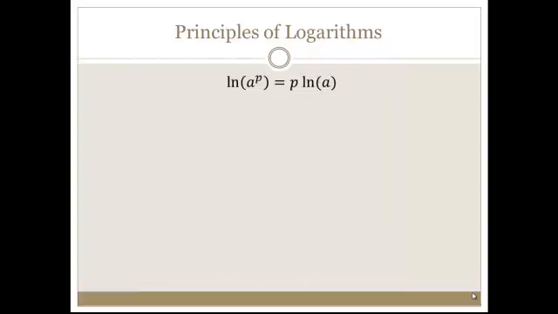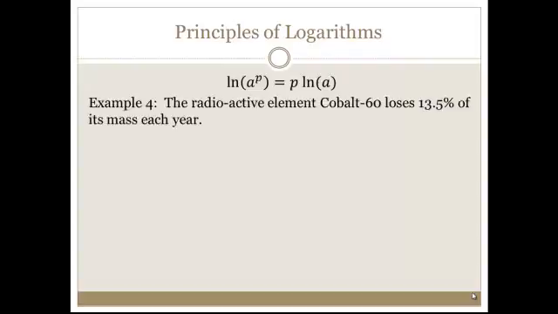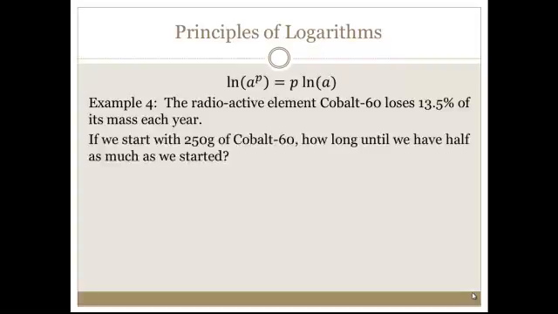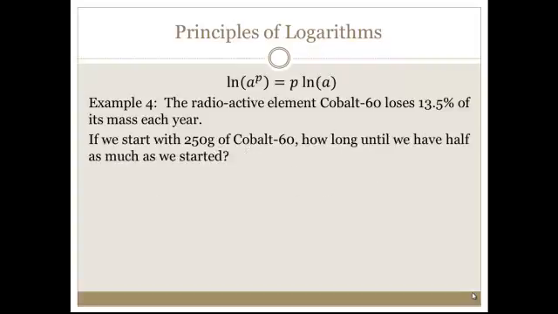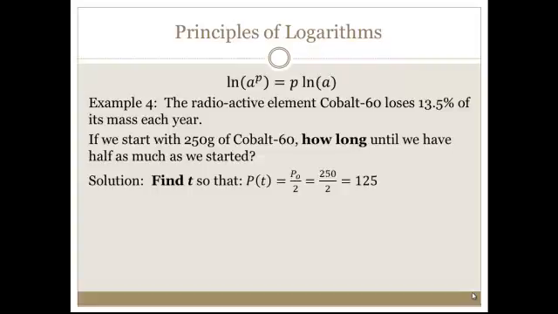Let's apply this property to another example. Recall that the radioactive element cobalt-60 loses 13.5% of its mass each year. If we start with 250 grams of cobalt-60, how long until we have half as much as we started? The phrase, how long, is saying find T, with the condition that the amount, P of T, is 1/2 of what we started.